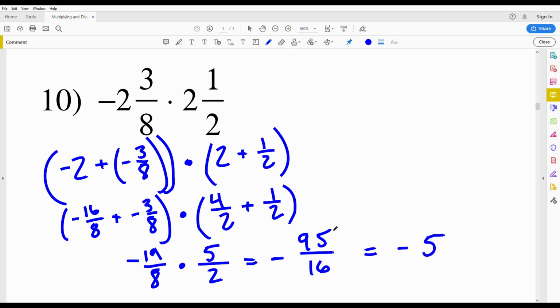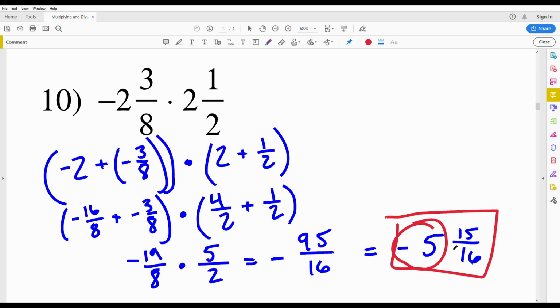So how much is left over from this 95? If we took 95 minus 80, we would get 15. So negative 5 and 15/16 is our solution in number 10, because 15 is our remainder. When we divide 95 over 16, 16 goes into it evenly 5 times with a remainder of 15, negative 5 and 15/16.